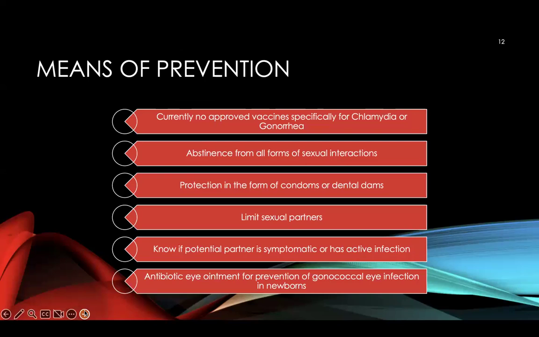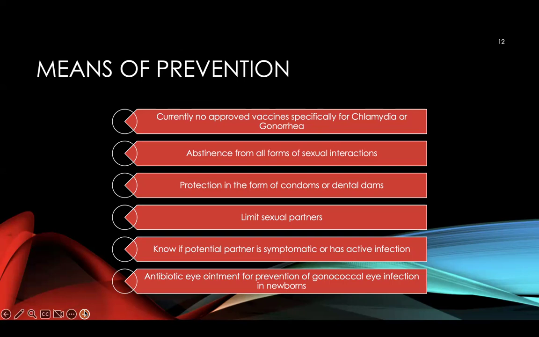Alrighty. So some means of prevention. So on this slide, I kind of joined chlamydia and gonorrhea because they have very similar means of transmission, and so means of prevention are also very similar. So there are currently no approved vaccines specifically for chlamydia or gonorrhea. And so one of the top prevention methods would be abstinence from all forms of any sexual interaction.